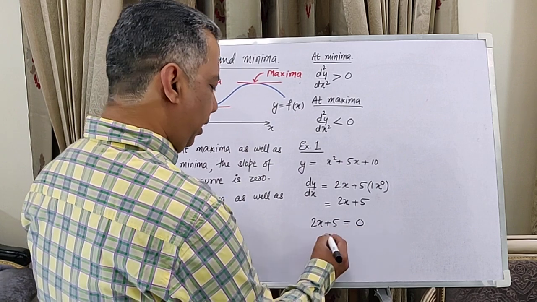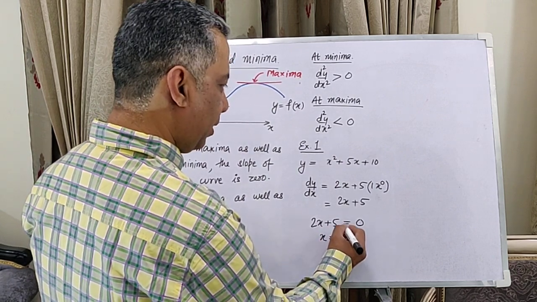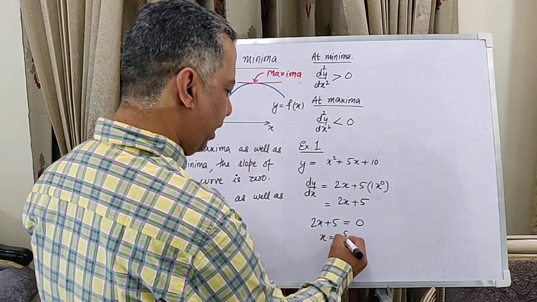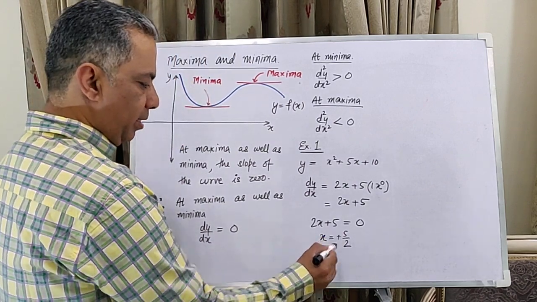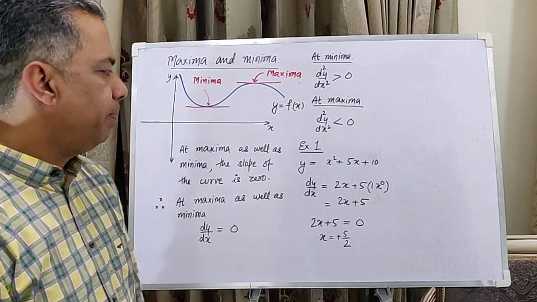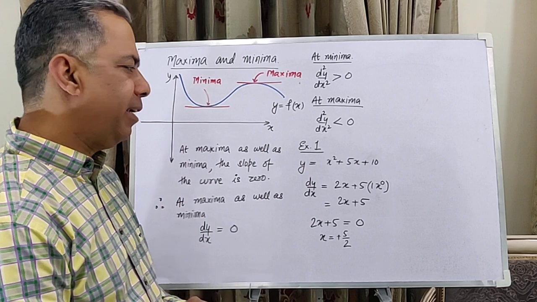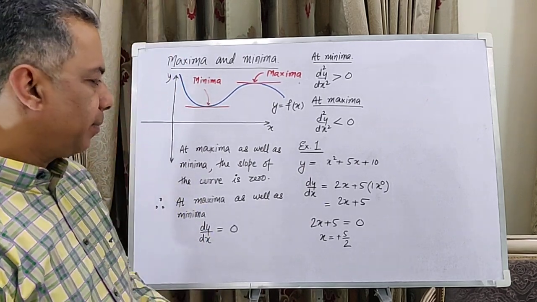Now if we solve this equation, what do we get? We get x equals minus 5 by 2. So that means when x equals minus 5 by 2, this function has either a minimum value or a maximum value.